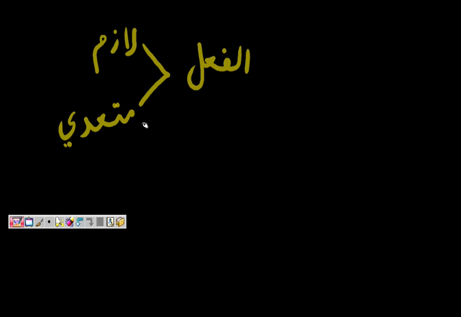Examples of transitive verbs: sami'a, he heard; taraka, he abandoned or he left; daraba, that's our favorite verb that we use whenever we don't find another one, he hit; la'ana, he prayed against; kataba, he wrote; qatala, he killed. In all of those, there will be somebody or something that will receive that verb.